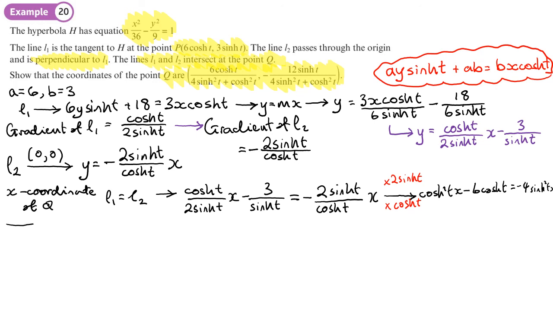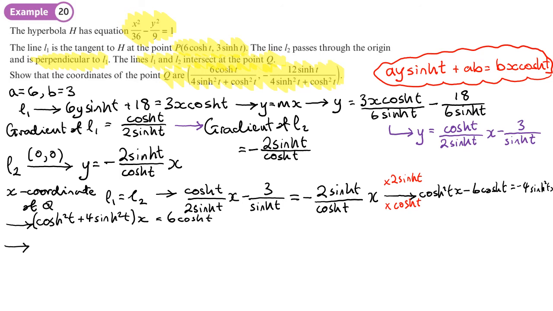Right, so from there I'm going to move the x terms to the same side so I can factorize it. So I'll have cosh squared t plus 4 sinh squared t, times x, equals 6 cosh t.